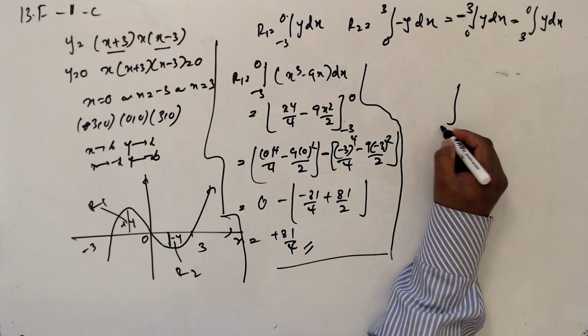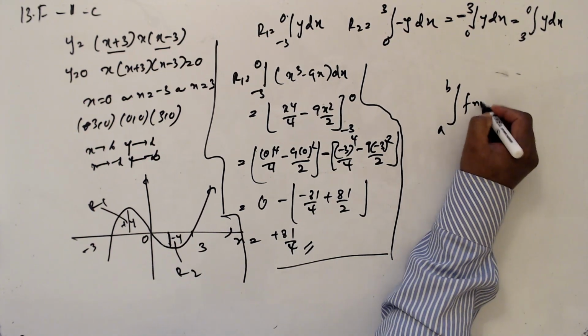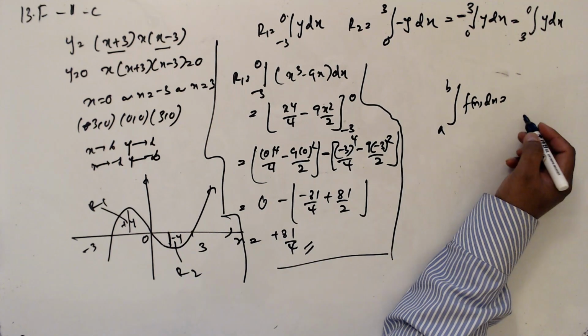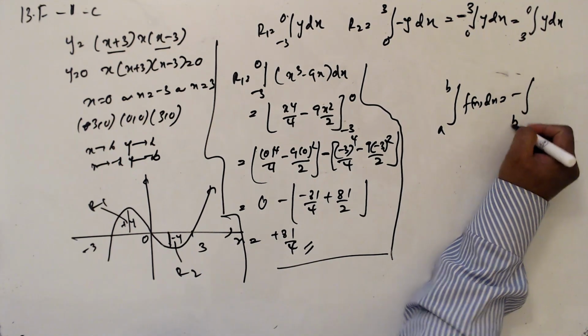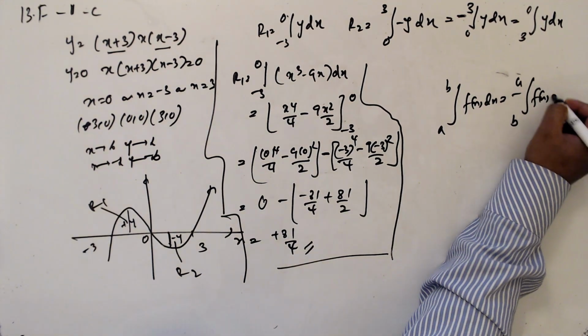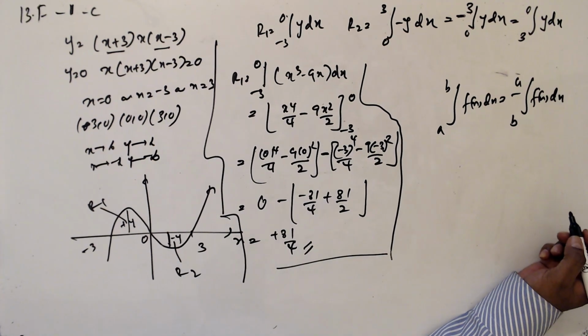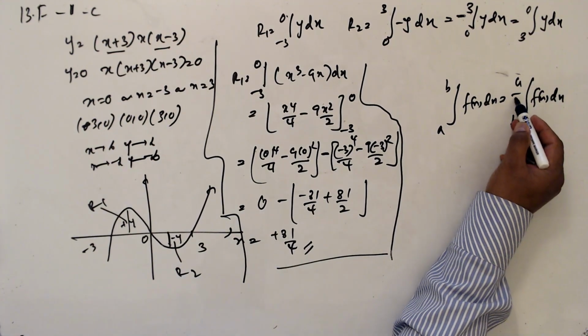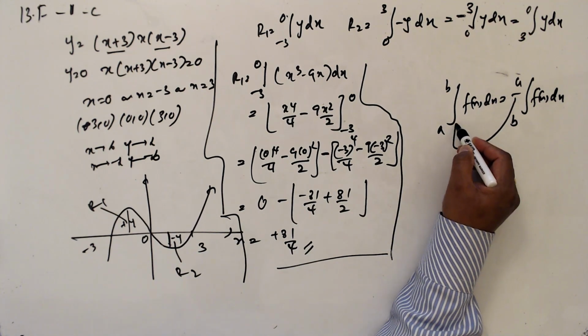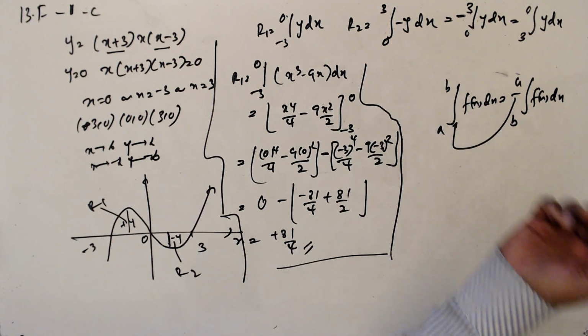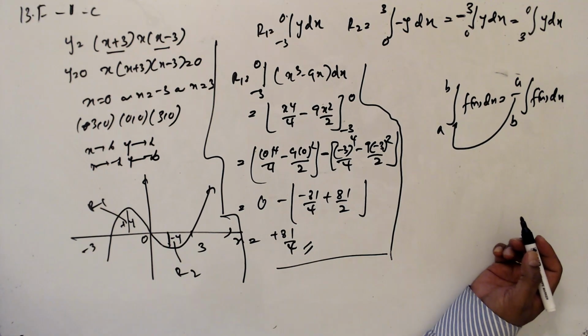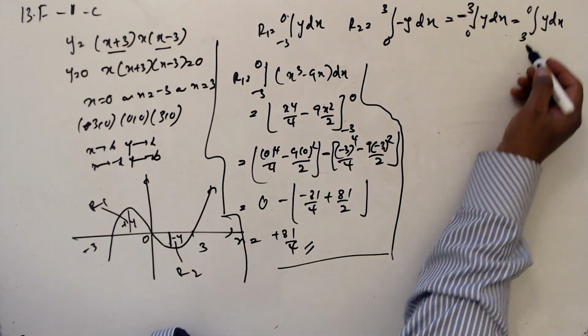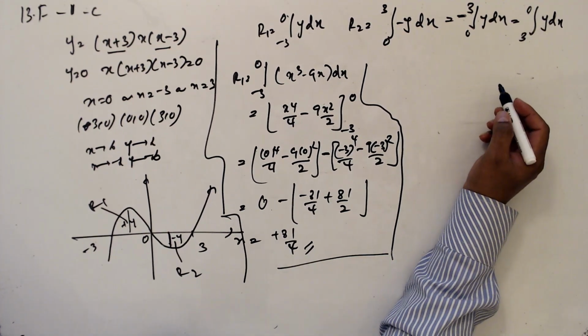Assume now you have a to b f(x) dx. This is the same as minus b to a f(x) dx. I switch and I take it out. If I want to go back, I make it positive and I change the limit. So hence this one I stay with this one.